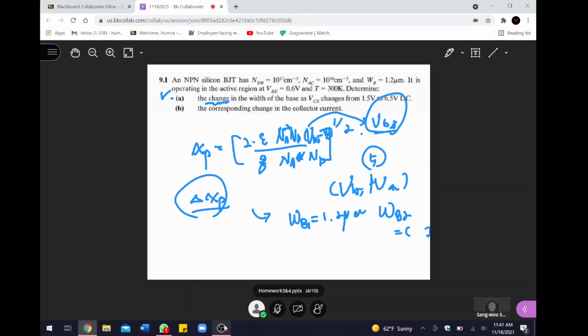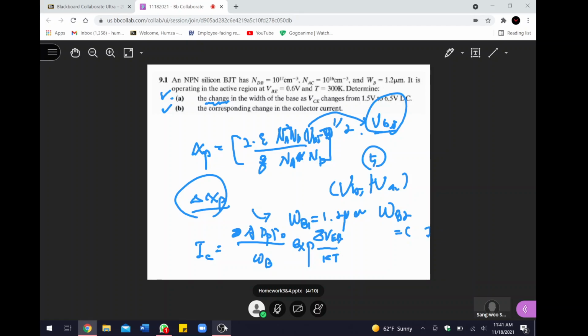And then the second question: now we look at the collector current. The collector current in the active mode has a formula, something like this: q A Dp p n0 over WB, times exponential of q VEB over kT.